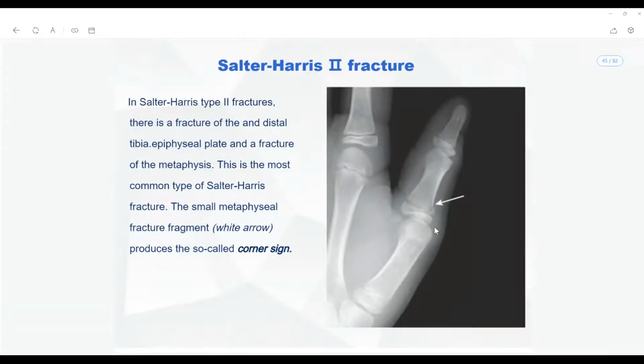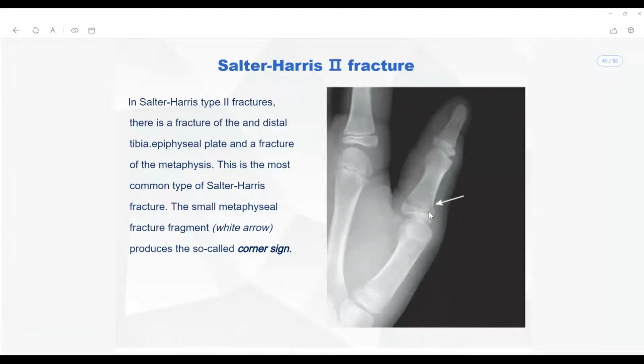You can see here this radiolucent line represents the epiphyseal growth plate, right? You see here there is a complete separation of the epiphyseal plate from the metaphysis, and you can also see on the lateral side of the thumb that there is a small bony fragment that shows up as the metaphyseal part.